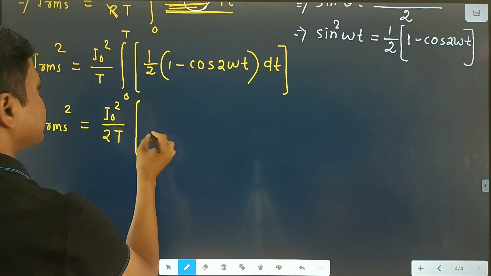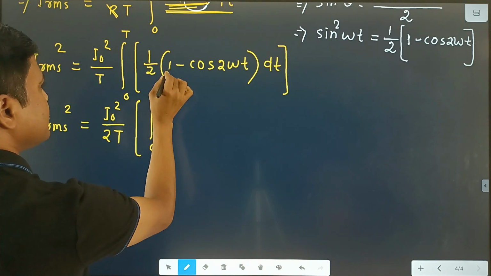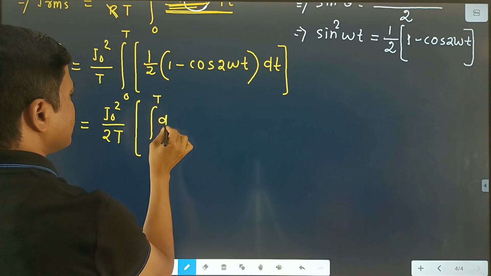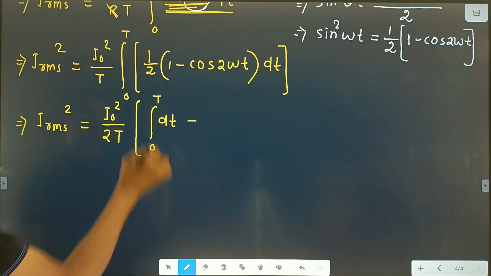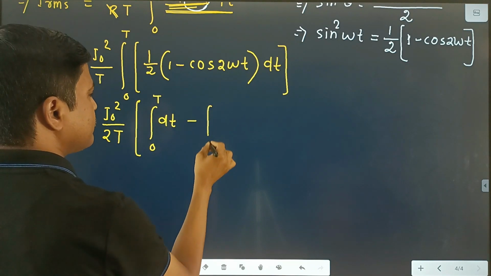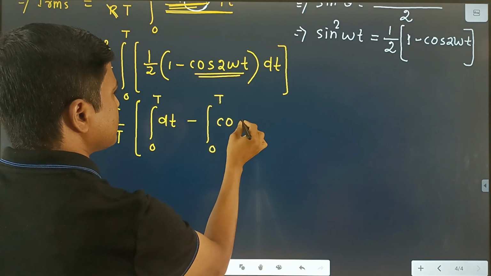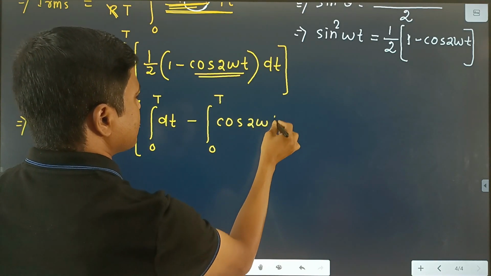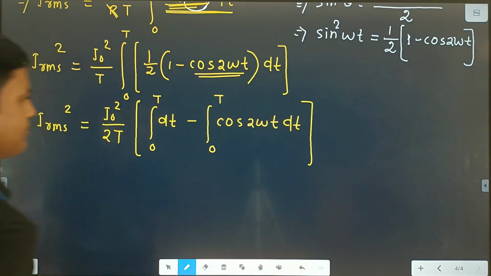Here two terms are there. First term is integration from 0 to T, 1 into dt. Minus sign is there. Then integration from 0 to T, second term, cos 2 omega t dt. Clear?